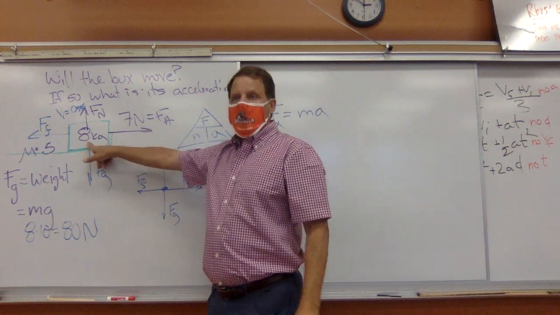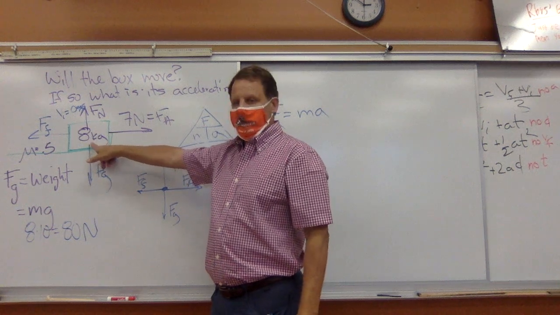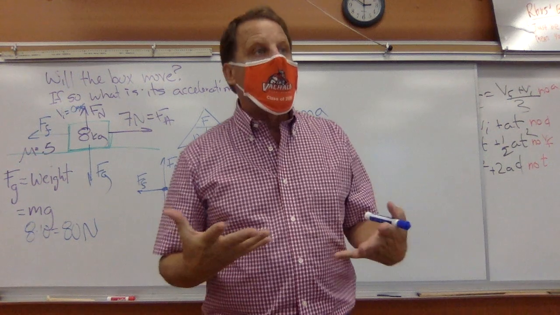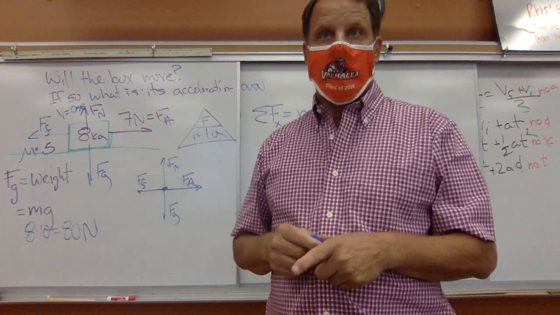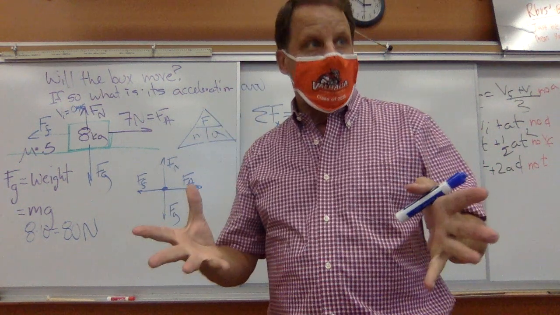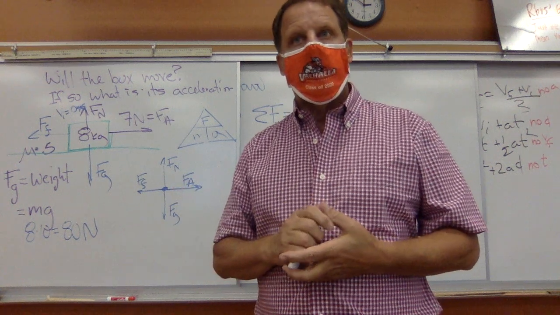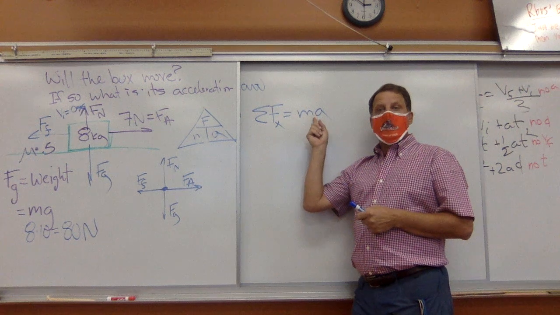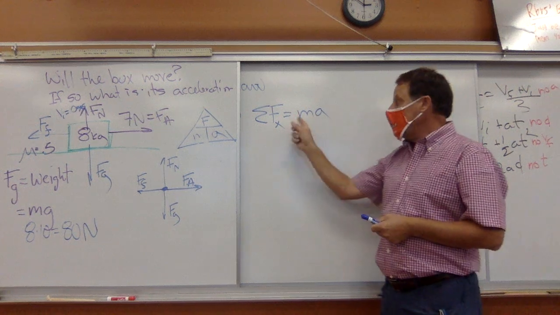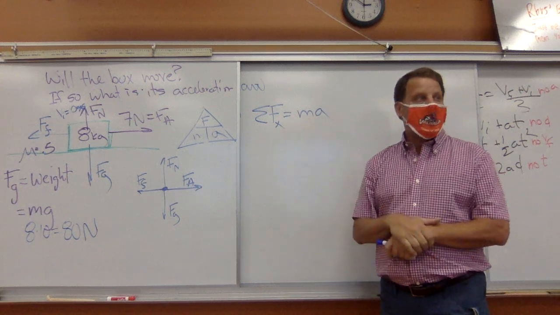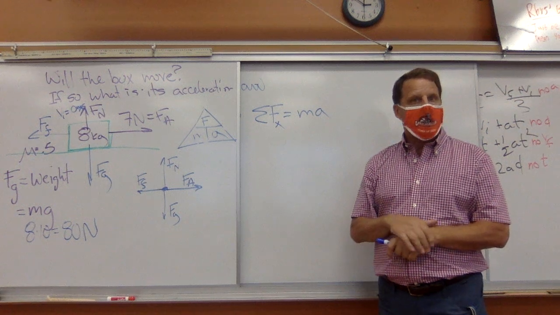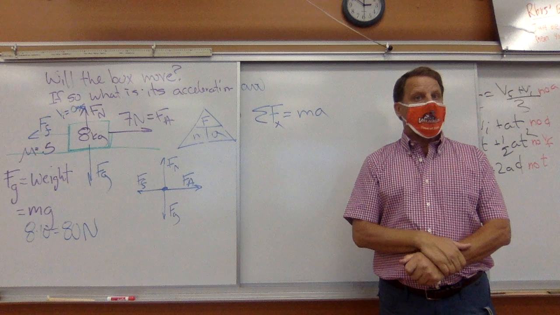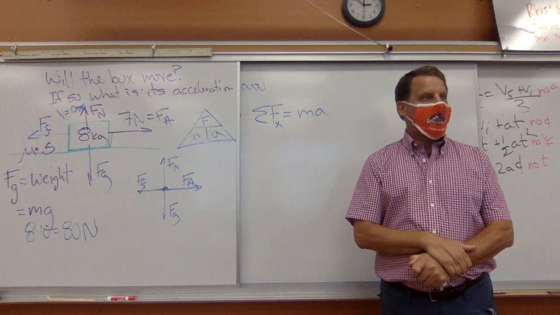If we go back to this box here, is this 7 newtons enough to make it move? And if it does move, how much will it accelerate by? Right now we don't know if it's going to accelerate, so we're going to keep this as an ma. And now we're going to take the sum of all of those forces.